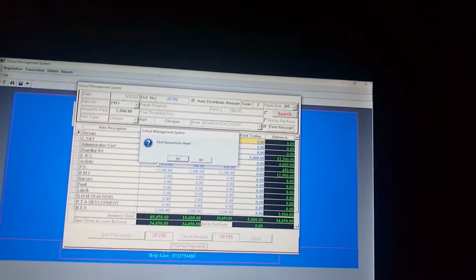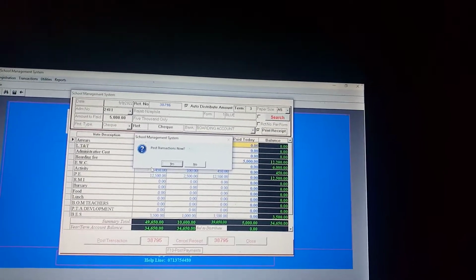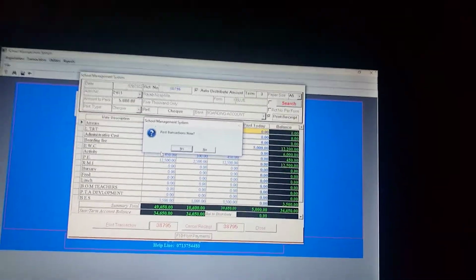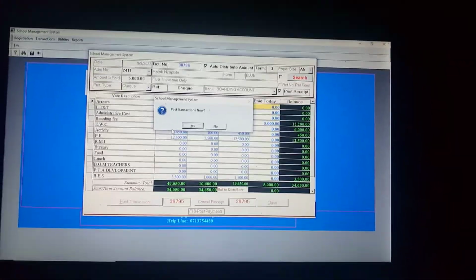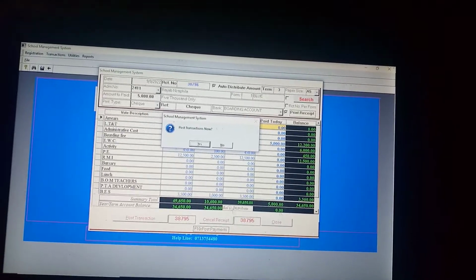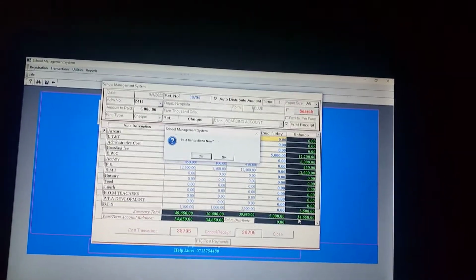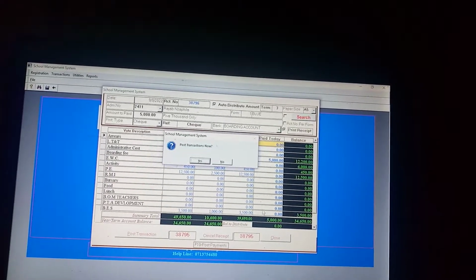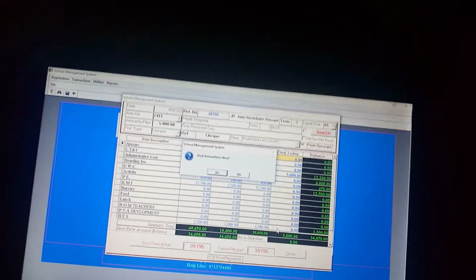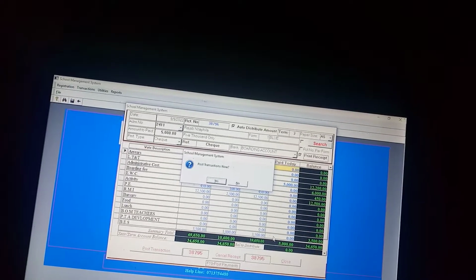You only need to sign or stamp the receipt and issue it out. So the balance for this individual, even before we post the transaction, has reduced to 34,650 from 39,000. So it is reducing immediately.